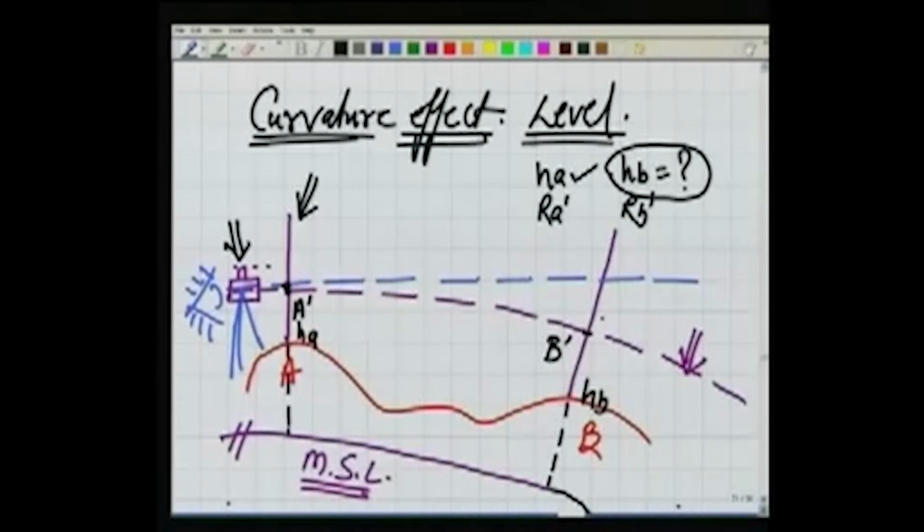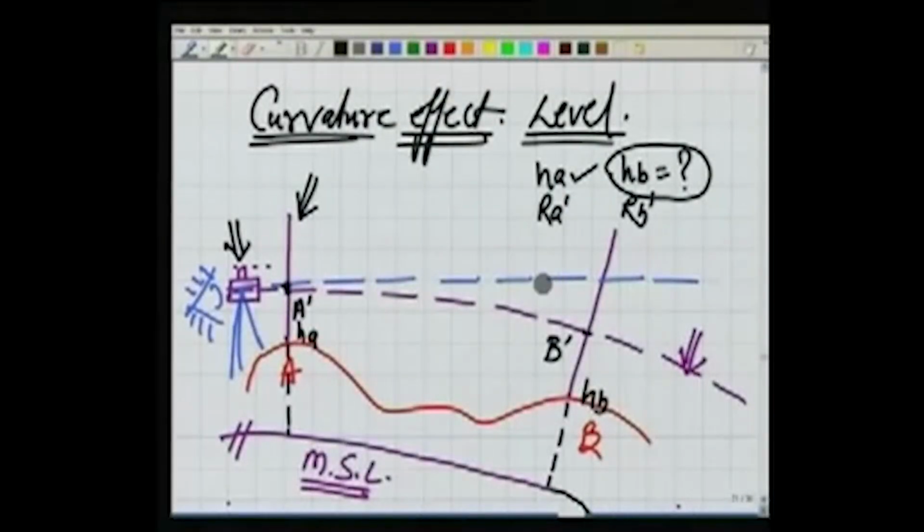But for this point B, as we saw, if it is 1 kilometer apart, there will be a difference of 8 centimeter. This difference, if I highlight it, will be 8 centimeter if this distance is of order of 1 kilometer. So what we are doing, if we are establishing this horizontal surface over here, the blue line, which we do using our level, we are introducing an error of order of 8 centimeter.